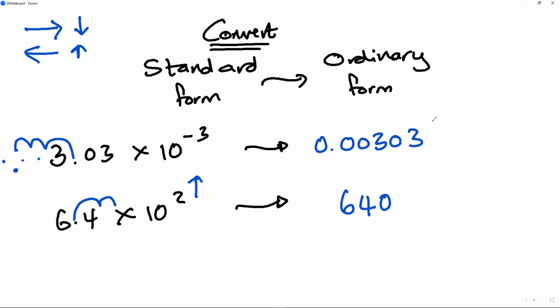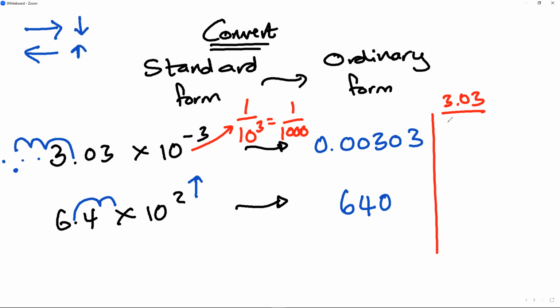Another way to do this, you could use a different method where you change this into 1 over 10 to the power of +3, which is 1 over 1,000, and then multiply it. So take 3.03 divided by 1,000, and it will give you that after you move it over.